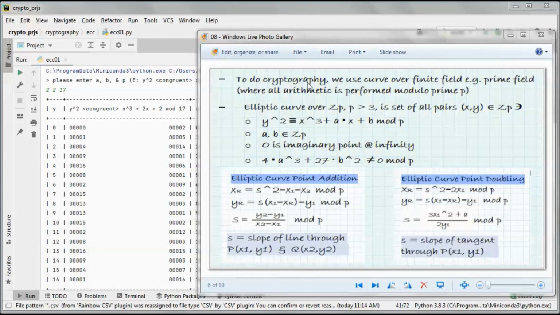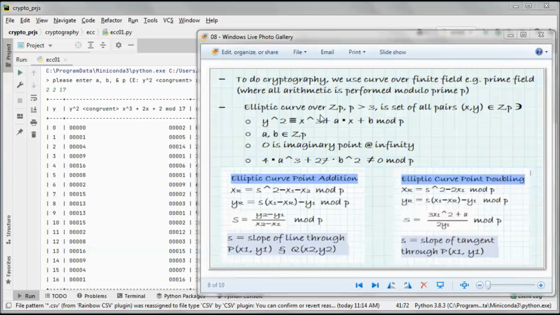Now to do cryptography, we need to use a curve over a finite field, for example a prime field, where all arithmetic is performed in mod prime number p.